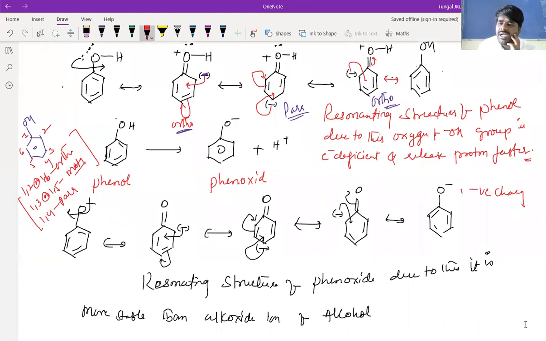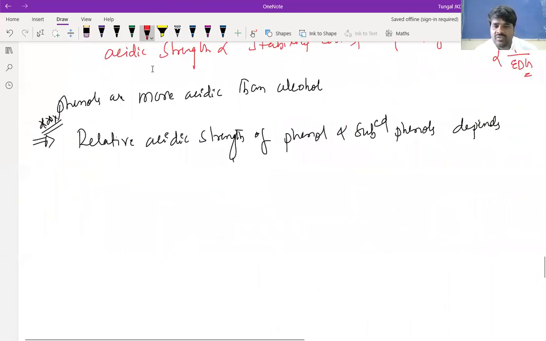We generally know that negatively charged species are stabilized by electron withdrawing groups and destabilized by electron donating groups. So electron withdrawing groups on this phenol will stabilize the phenoxide ion. If the stability of the phenoxide ion increases, the proton will be released very readily, so acidic strength increases. This is the first reason.